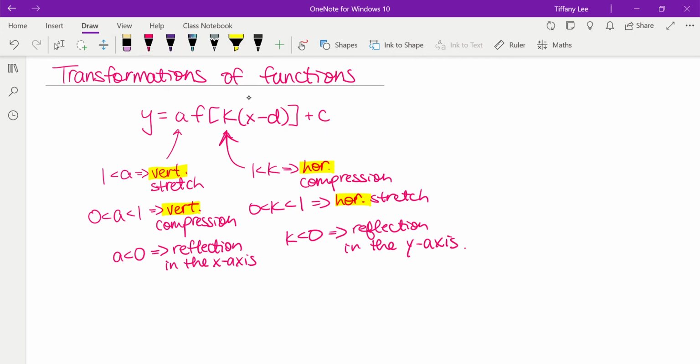Let's take a look at d and c. d, that is your horizontal translations. So that just means left or right.